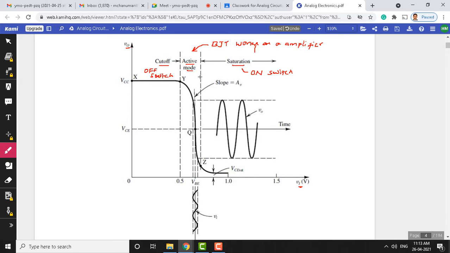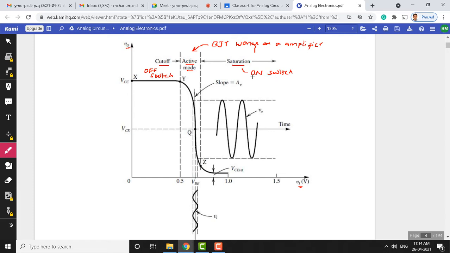We just change the input voltage. When the input voltage lies between 0 and 0.5 volts, the BJT works like an off switch, and when you make the input voltage more than approximately 1 volt, up to 1.5 or 2 volts, the BJT behaves like an on switch.